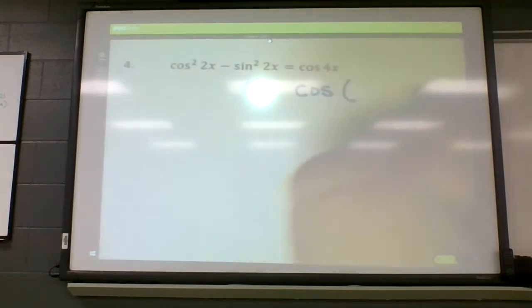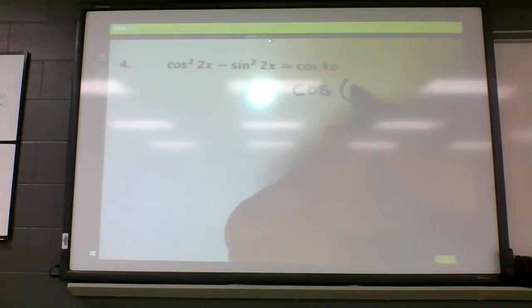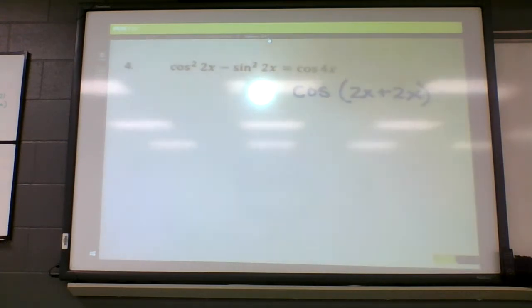The cosine of 4x can be written as the cosine of 2 things added together. What 2 things could you add together? 2x plus 2x. That'll give us cosine of 4x, won't it? Mm-hmm. Now the benefit there is we have now changed it to a sum identity, haven't we? Mm-hmm.